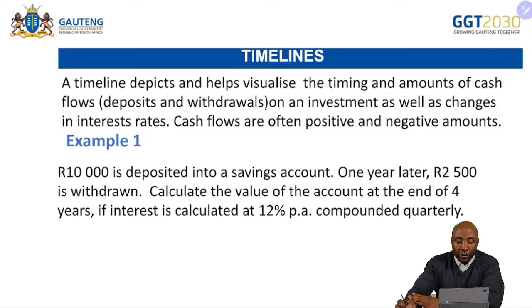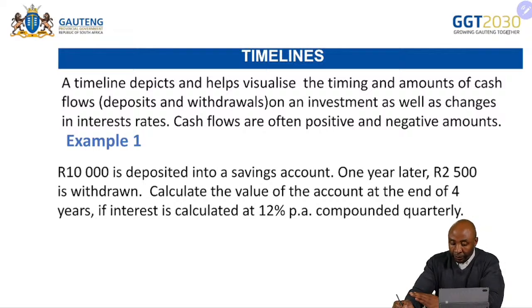So as example 1, we're given that 10,000 rands is deposited into a savings account. 1 year later, 2,500 is withdrawn. We need to calculate the value of the account at the end of 4 years if interest is calculated at 12% per annum compounded quarterly.